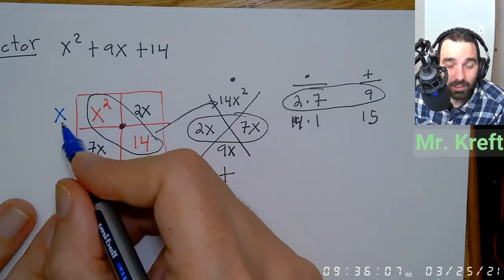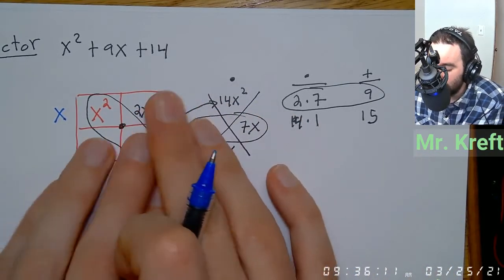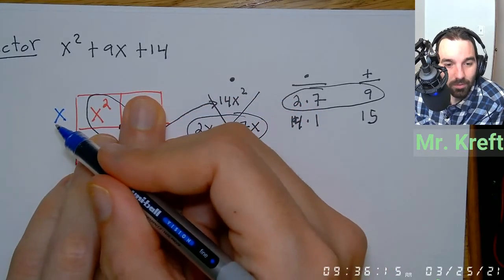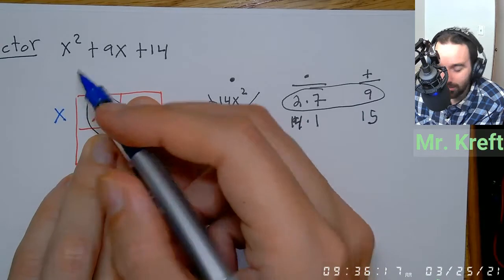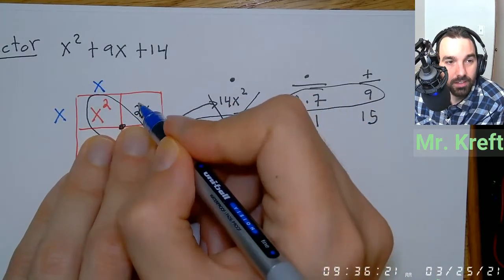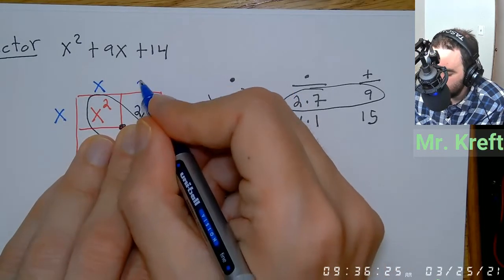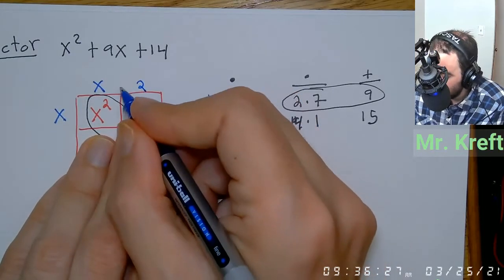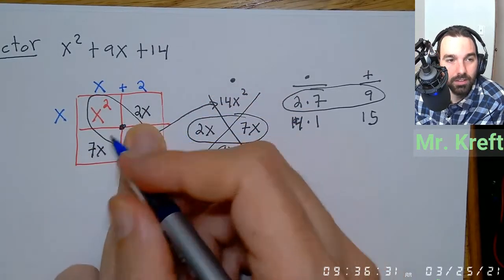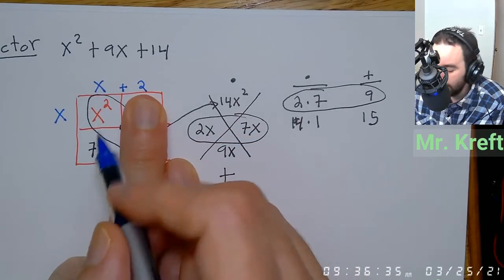Now that I have this, I can just do multiplication. I can do guess and check. For example, if I take a look at this upper one, what times x gives me x squared? x. Then I can look at this next one. What times x gives me 2x? That's 2, and it's a positive 2, so we know it's x plus 2. Then I look down here. What times x gives me 7x?